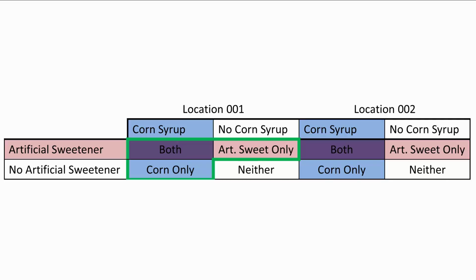You could do that. Or you can also write a criteria row that will capture the artificial sweeteners, whether there is corn syrup or not, and then the corn syrup, whether there's artificial sweeteners or not, and that will capture all 3 of those boxes.